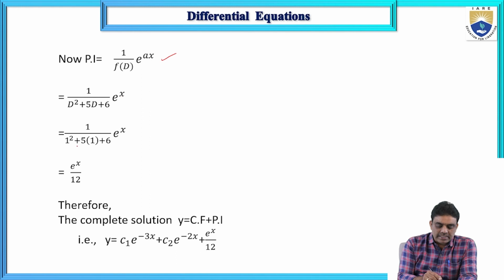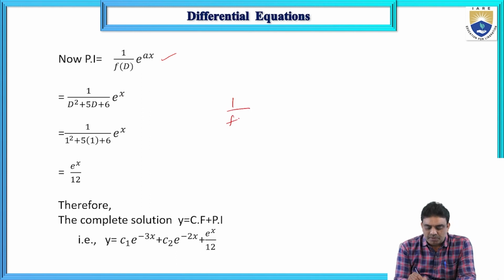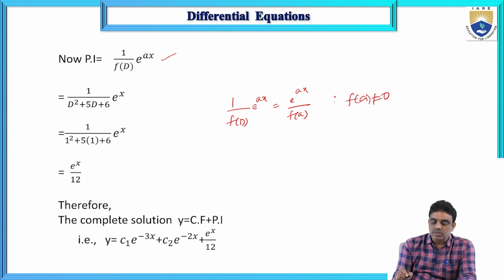So just replace D in 1 by f of D of e power ax, by a. That means e power ax by f of a, when f of a is not equal to 0. So if f of a is not equal to 0, the particular integral is e power ax by f of a. Very simple. Here a is equal to 1. Am I right or not?